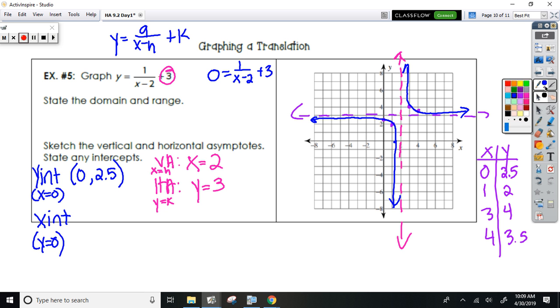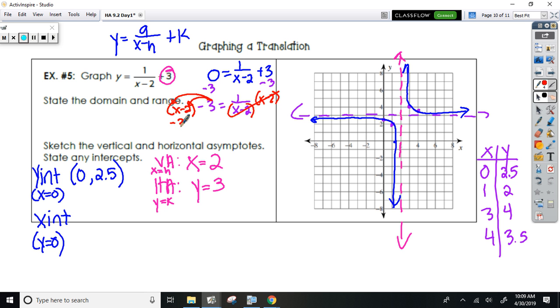So we would subtract 3 on both sides. We would undo division of x minus 2 with multiplication of x minus 2. And you need to distribute. So that'll be negative 3x plus 6.